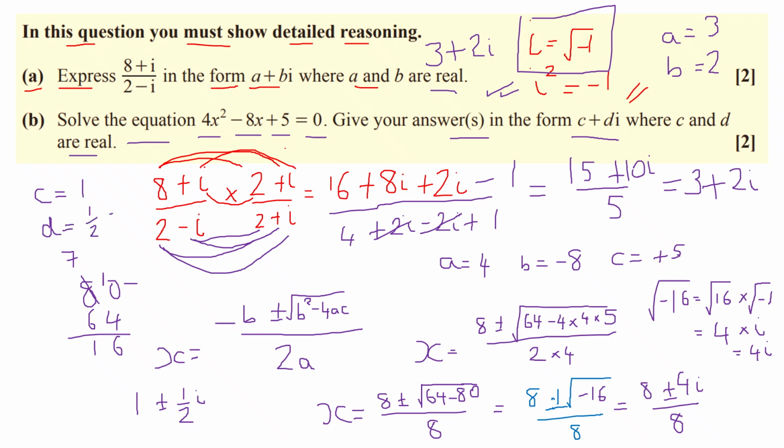OE just means or equivalent. So we get 1 plus or minus a half i as our answer, where one of our roots is going to be 1 plus a half i, and the other one is going to be 1 minus a half i.